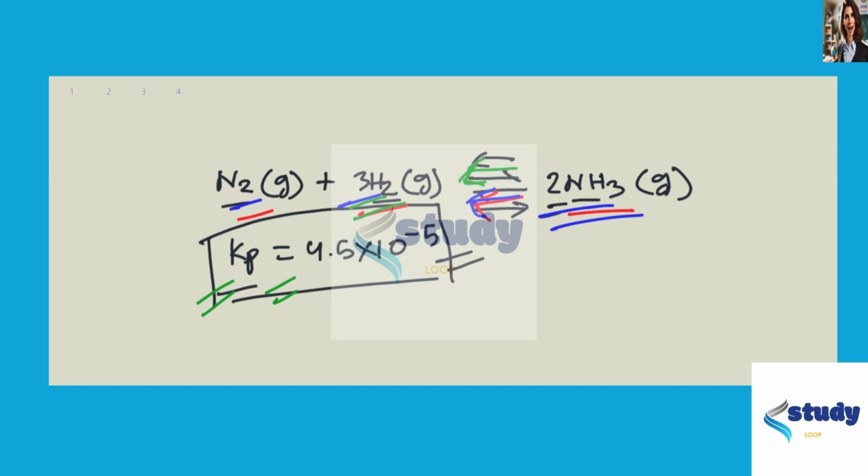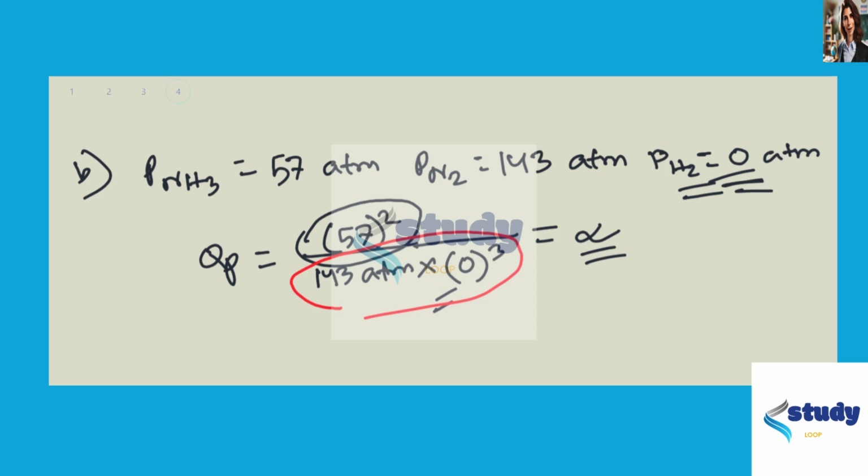So for the second reaction mixture also we need some reverse reaction to form reactants to reach equilibrium.